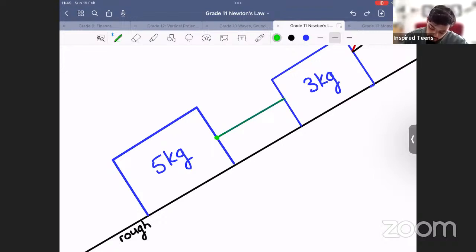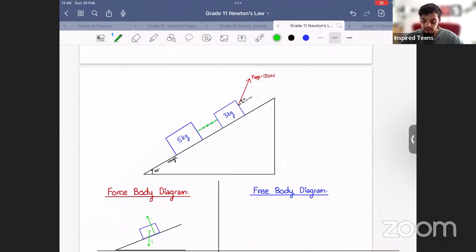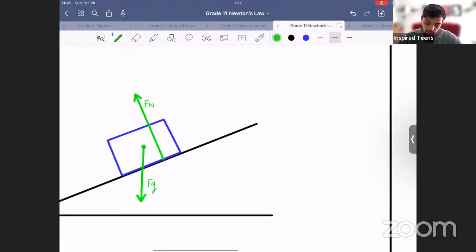You can cut the rope if you'd like, and then create a force there and a force there. Technically it is upright. That's more precise. Or up the slope. You have to be precise when you're giving the direction. It's important. So up the slope.